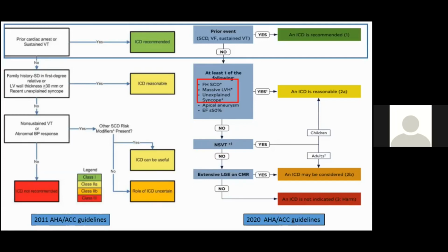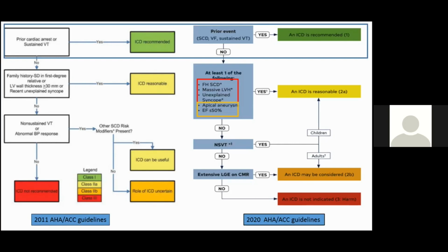Family history of sudden cardiac death, massive LVH, unexplained syncope are still considered as major risk factors. Apical aneurysm and ejection fraction have been upgraded to major risk factors, as they were considered before as risk modifiers.